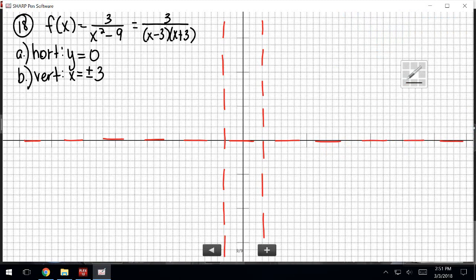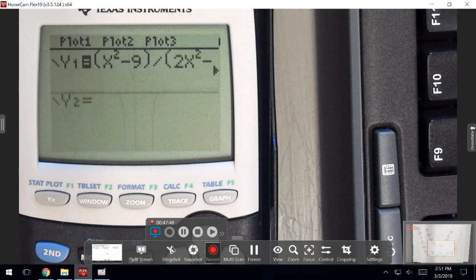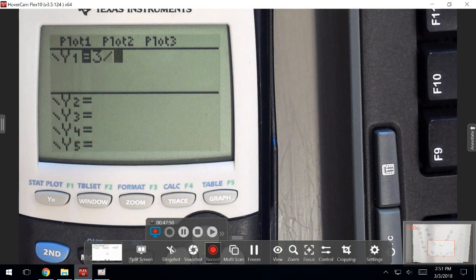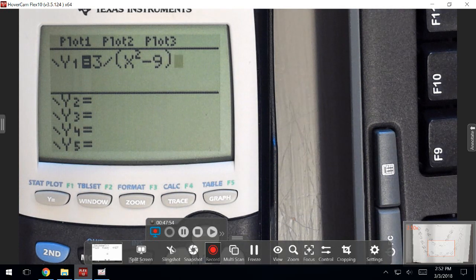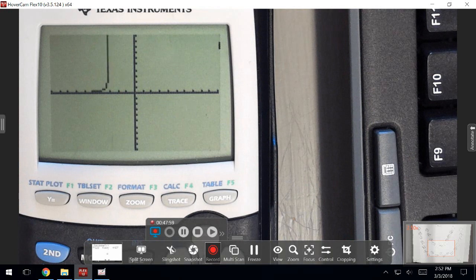And then we're going to go back to our original equation and we're going to plug that into y equals. We don't have to put a parentheses around 3 because it's not a binomial, but we do have to put a parentheses around the x squared minus 9. And hit graph, and we know we're going to have 3 parts because of the way our asymptotes came out.